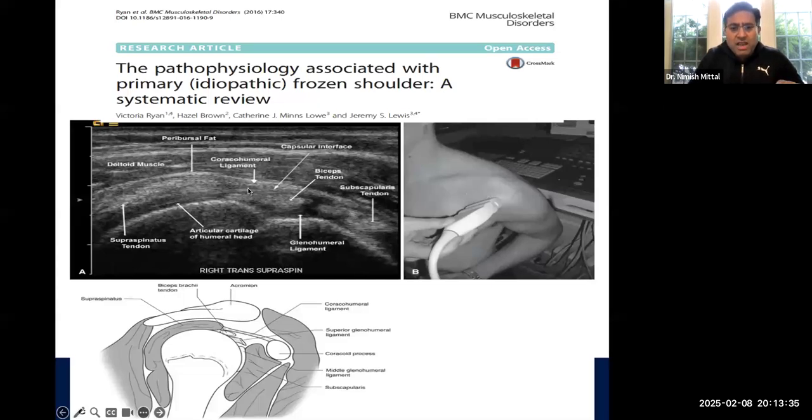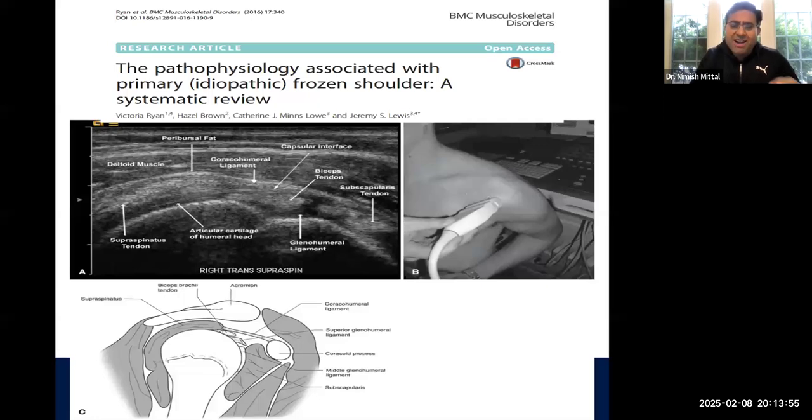And there's intracapsular but extrasynovial. I'll repeat it again. So there are certain structures which are inside the capsule or around the capsule, but they are not inside the articular surface, which include the coracohumeral ligament, the superior glenohumeral ligament, the middle glenohumeral ligament.